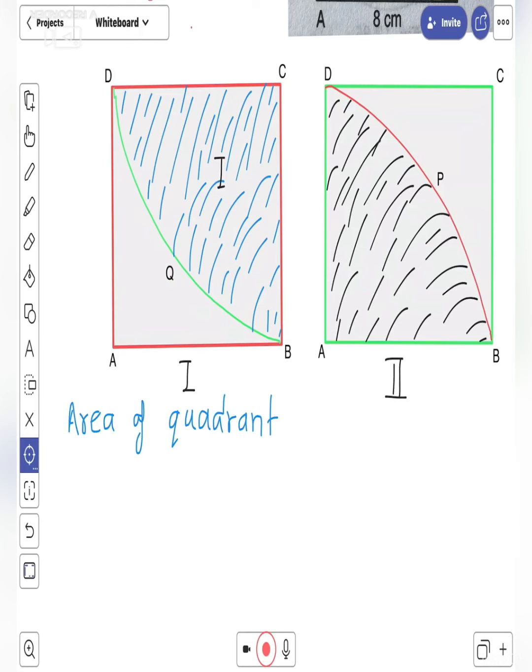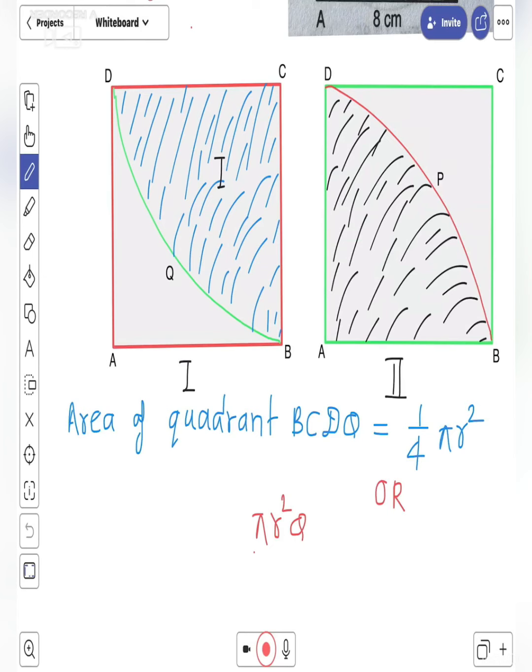Okay, so you will write that BCDQ. And the area of a quadrant, here you know that it is 1/4 pi r squared. Quadrant means 1/4 part of the circle. Otherwise you can use this formula also, because this quadrant is also a sector. So you can apply here the formula of sector, that is pi r square theta divided by 360.